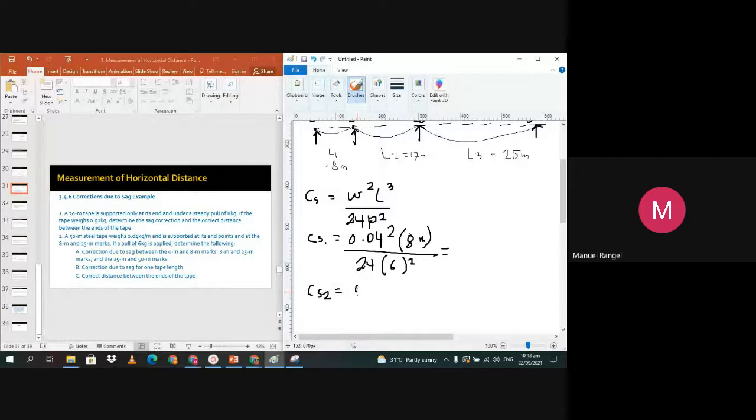For CS2, same equation, times length 2, which is 17 meters. Ay, cube din pala. Sorry, cube. Over 24 P, 6 squared. So what is the value for the sag correction at L2?